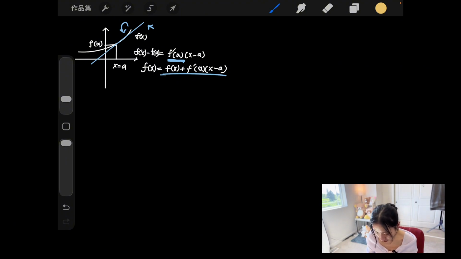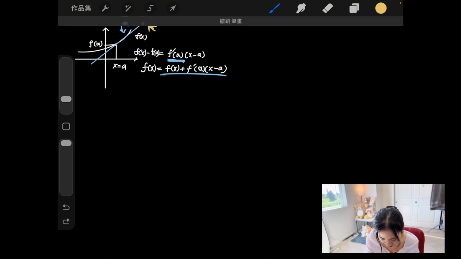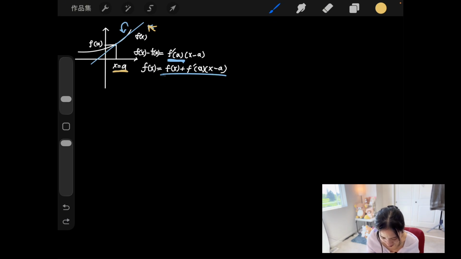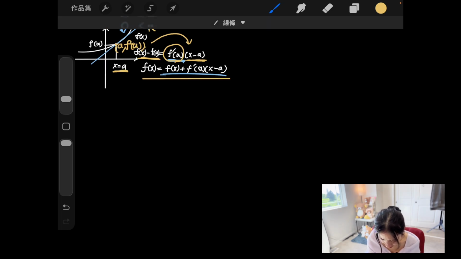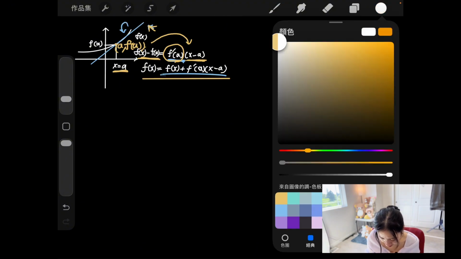In Calculus 1, if I want the tangent line, which is the blue one here, at x equals a, we took the derivative and wrote it down, because this line goes through f(a) at x equals a.